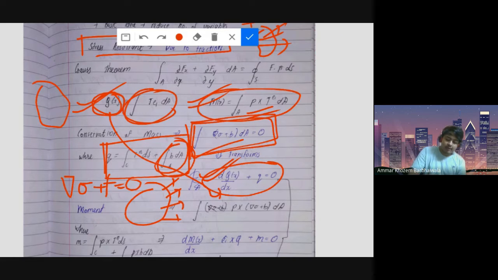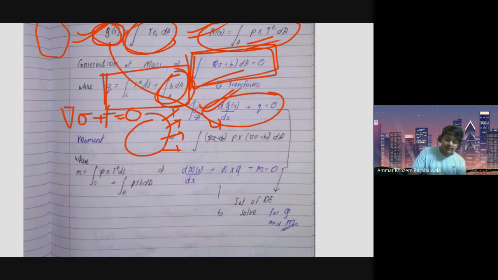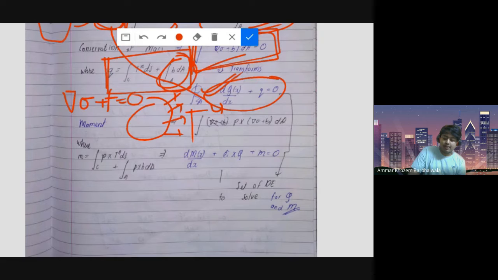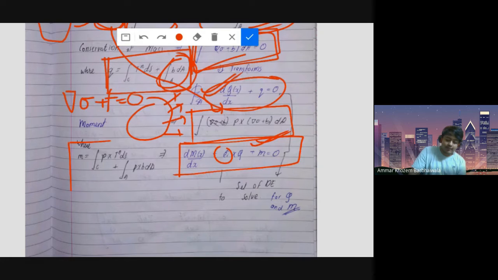Similarly for the moment balance, we consider that p cross this thing is equal to zero. From moment balance we get the derivative of m of x plus epsilon 1 times q of x plus m is equal to zero, where m is the boundary term, the integral over the boundary curve of the moment due to all the traction vectors and also the moment due to all the body forces.